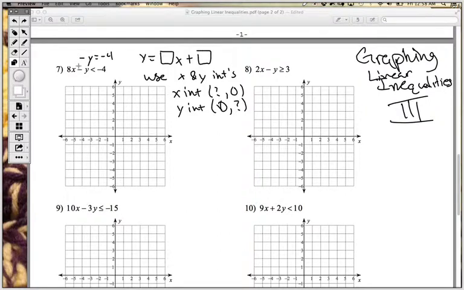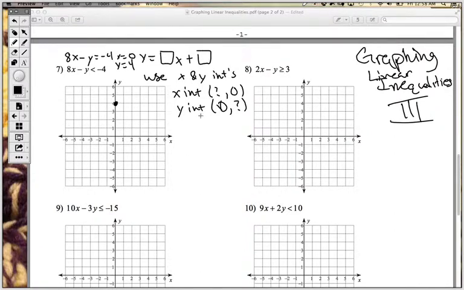Well, what number would that be? It'd be 4. That tells me that y equals 4 when x equals 0. So (0, 4) is on the line.